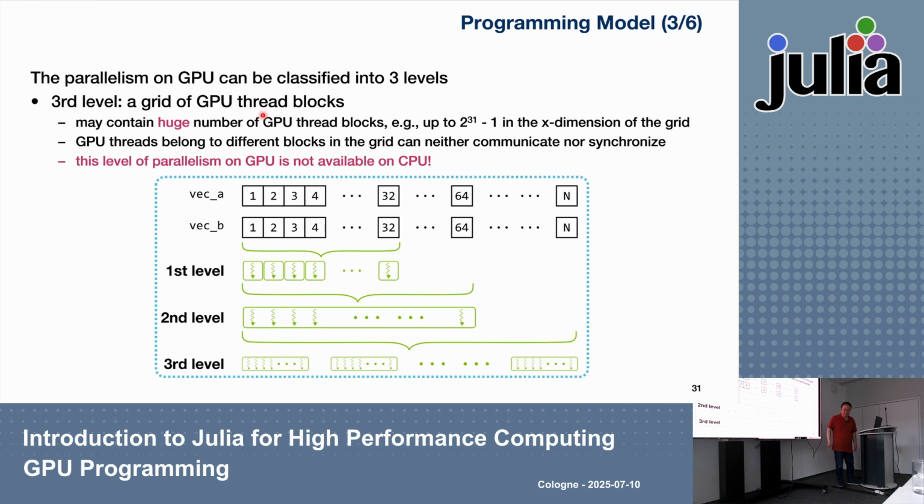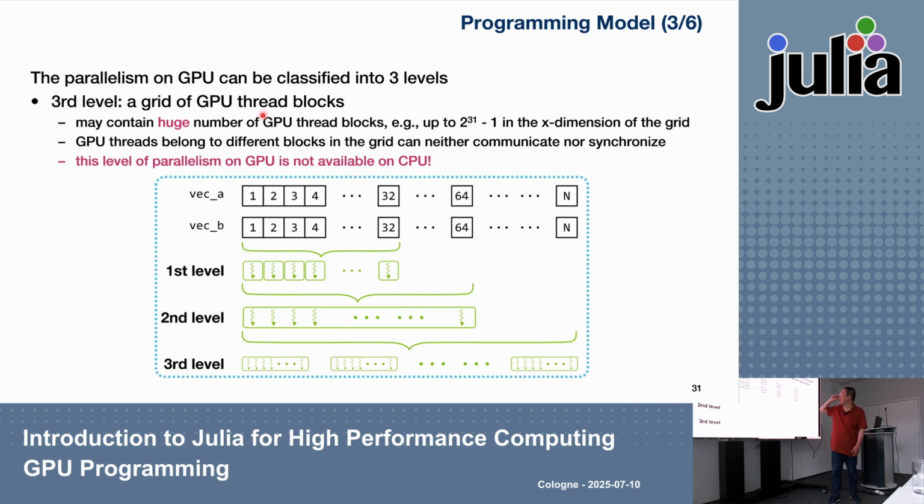The last level of parallelization is the so-called grid level, a grid of GPU thread blocks, the very bottom part, to generate roughly a billion, 2 to the power of 31 minus 1. This is because of the integer size. So basically you can generate billions of blocks of threads.